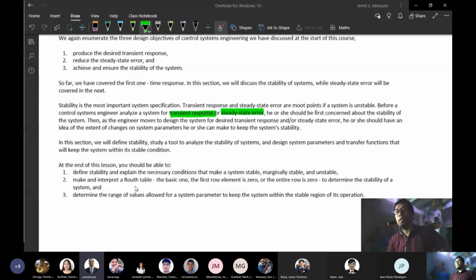Two, make and interpret a Routh table, the basic one, where the first row element is 0, or the entire row is 0, to determine the stability of a system, and determine the range of values allowed for a system parameter to keep the system within a stable region of its operation. So these are our lesson outcomes.